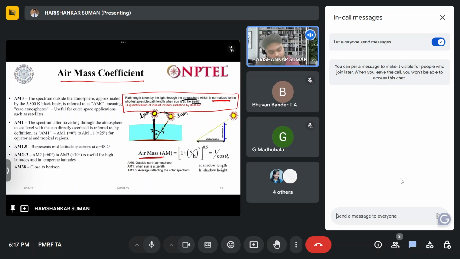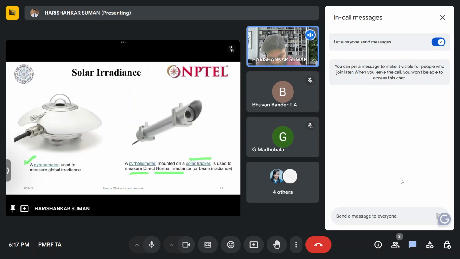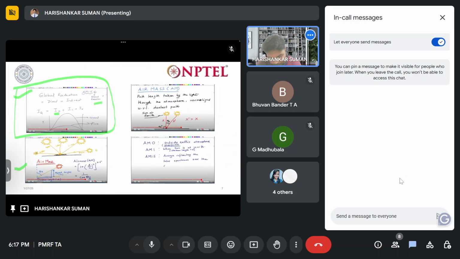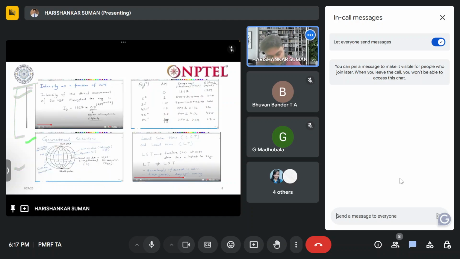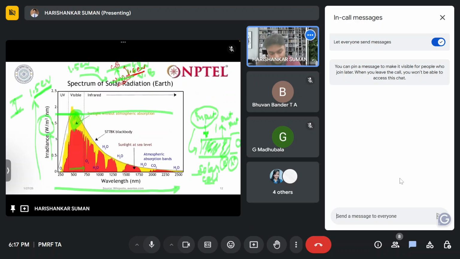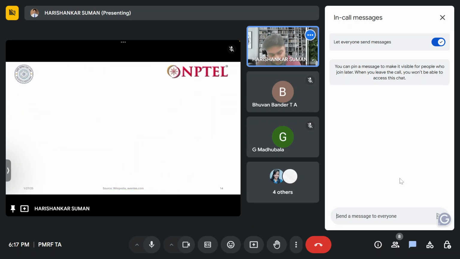Okay, so the air mass coefficient is equal to, remember this formula, 1 upon cosine z. This diagram is taken from the previous one, I think, with z and height. Okay, so please calculate one.